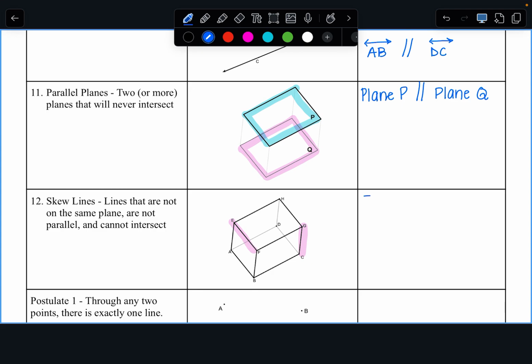So the line segment EF and the line segment GC are skew. And these are just some examples.